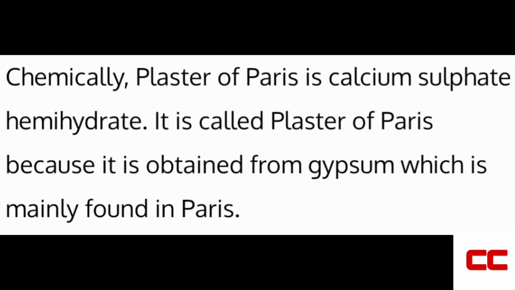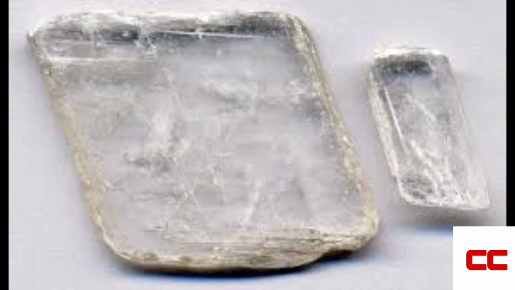Since it loses water after heating to 373 Kelvin, it becomes hemihydrate. Why do we call it hemihydrate? Because it's half H2O, it's not 3/2 H2O or some other thing. Yes, this is how gypsum looks like. It looks like a small marble.